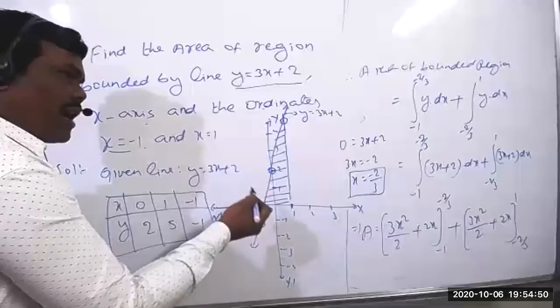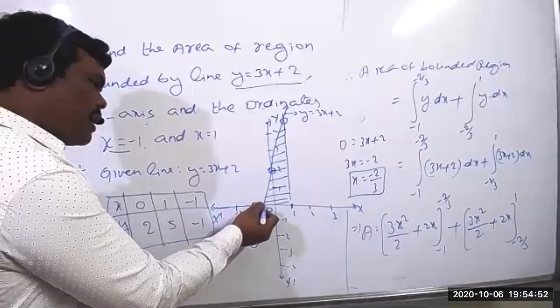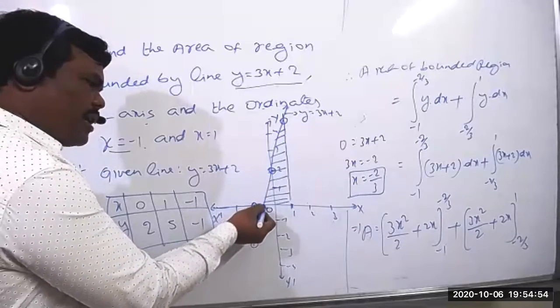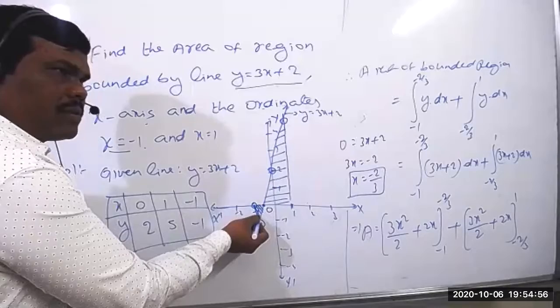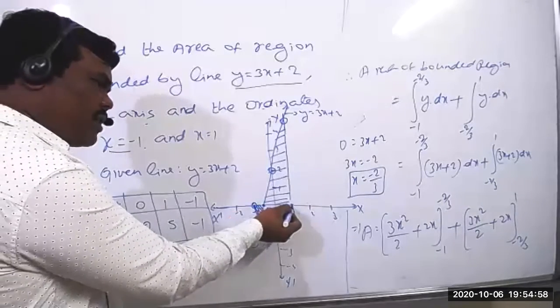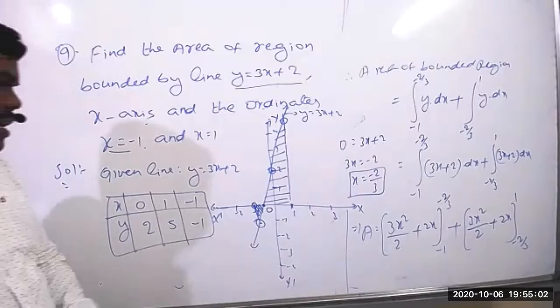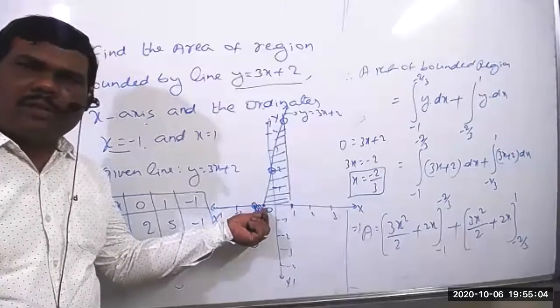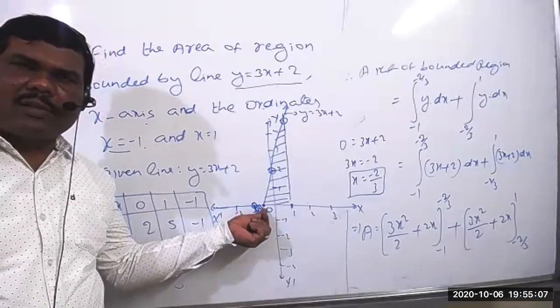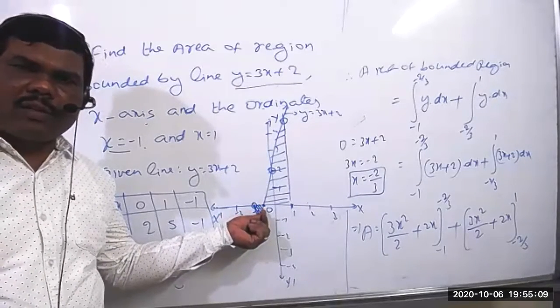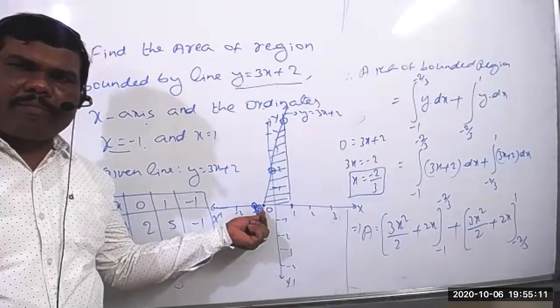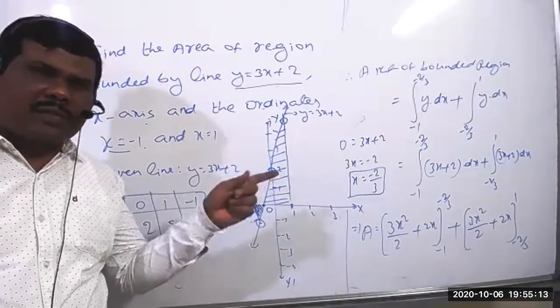Suppose we have to take the limits; this point is also required. From here to here we get this area, plus from here to here we get this area. That's why I'm taking the point on the x-axis. What is the point on the x-axis? x comma 0.